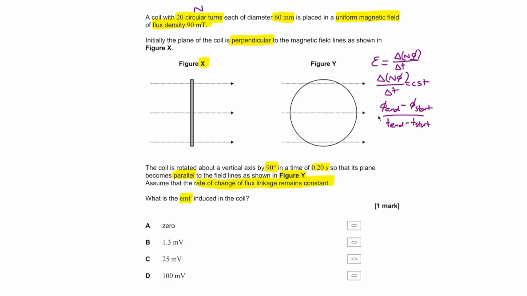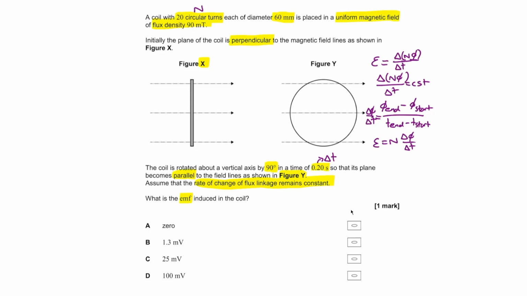So this is the rate of change of the magnetic flux, delta phi, divided by delta t. So epsilon is given by N multiplied by this quantity. Now, what we know is that t end minus t start, which is delta t, is just given by 0.2, because that's the total time that it takes for the coil to rotate.